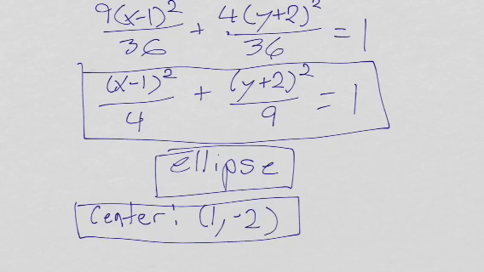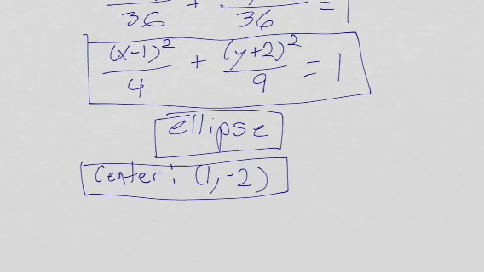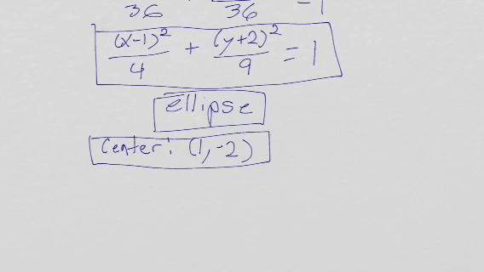And to find the vertex, or vertices, we are going to use the equation h plus or minus a comma k, where this is going to be our h and this is going to be our k.